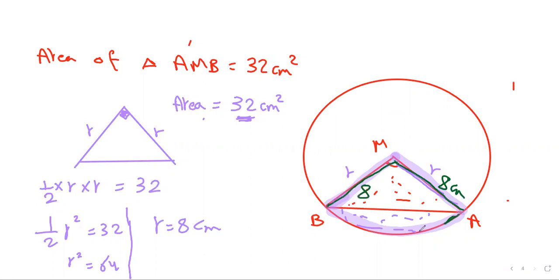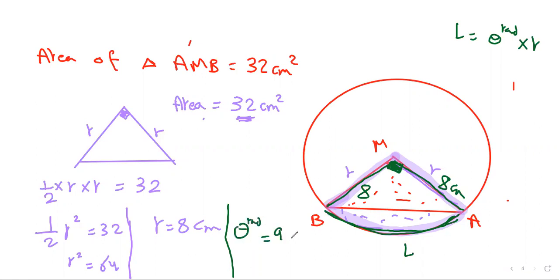I want to find L, the length of the arc. So how can we find L? If you remember, L equals theta radian times R. This angle is 90. How can we get theta radian? If I want to find theta radian, it's 90 times pi over 180. So theta radian equals pi over 2.